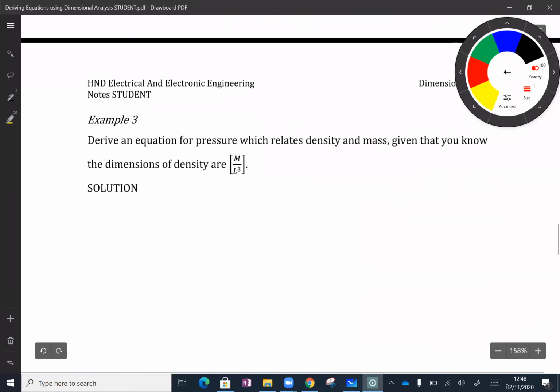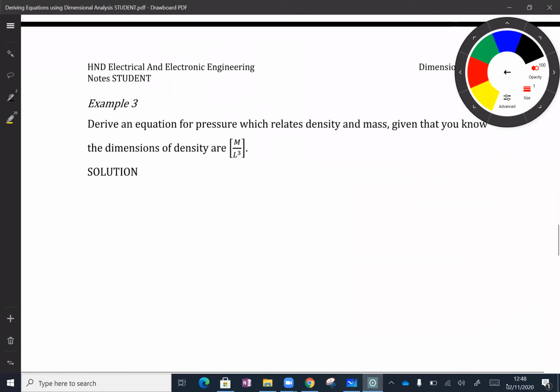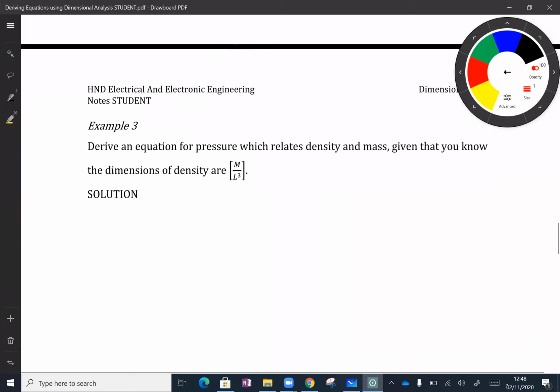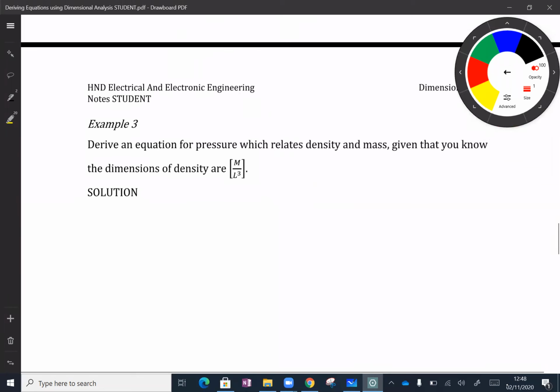Example 3 should say derive an equation for density.